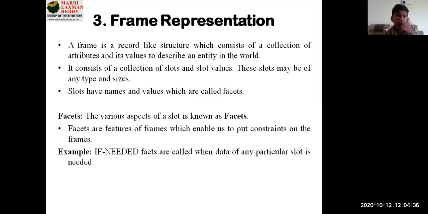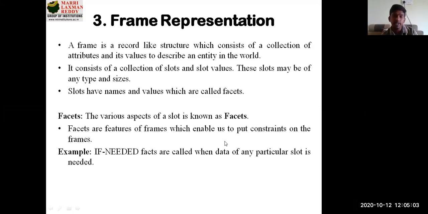So, talking about your frame representation, it consists of a collection of slots and slot values. Here we need to understand the terminology: what actually is a slot and what are the slot values. The slots may be of any type and any size. Slots have some names and values which are called facets. What actually is a facet? The various aspects of a slot are known as facets.